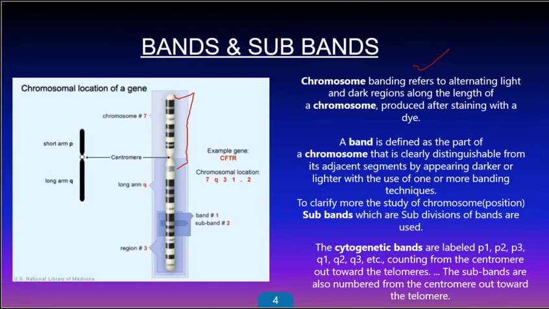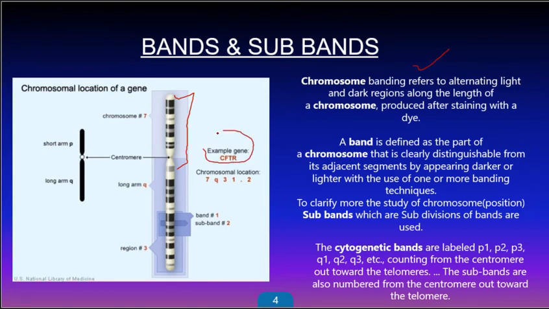It's usually observed after the staining of chromosomes. A band is defined as the part of the chromosome that is clearly distinguishable from its adjacent segment by appearing darker or lighter with the use of one or more banding techniques like Q banding, Giemsa banding, G banding, etc. And to clarify the study of chromosomes more, subbands, which are subdivisions of bands, are used.